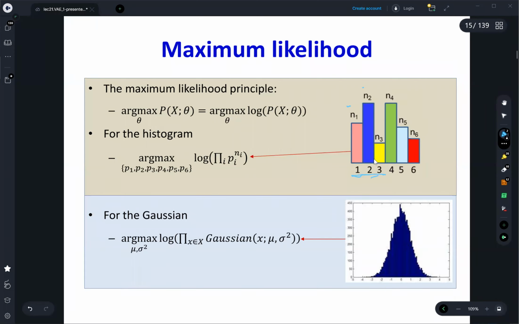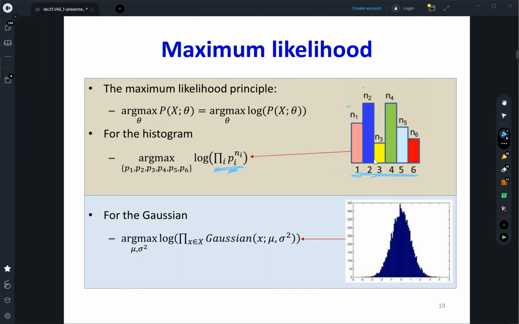So the total probability of the data that generated this particular set of outcomes is going to be proportional to the product over all possible outcomes of the probability of the outcome raised to the number of times that outcome was observed. This p_i raised to n_i is the probability that the ith outcome was seen n_i times, because the ith outcome has a probability p_i and it was seen n_i times, and this is over all possible outcomes.